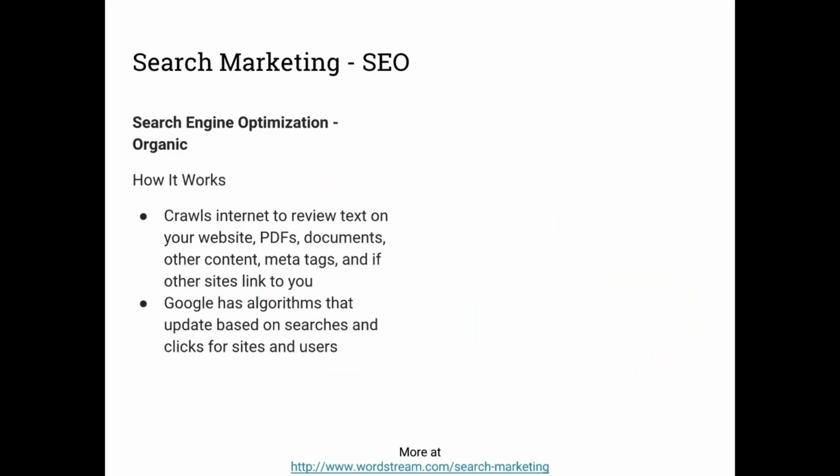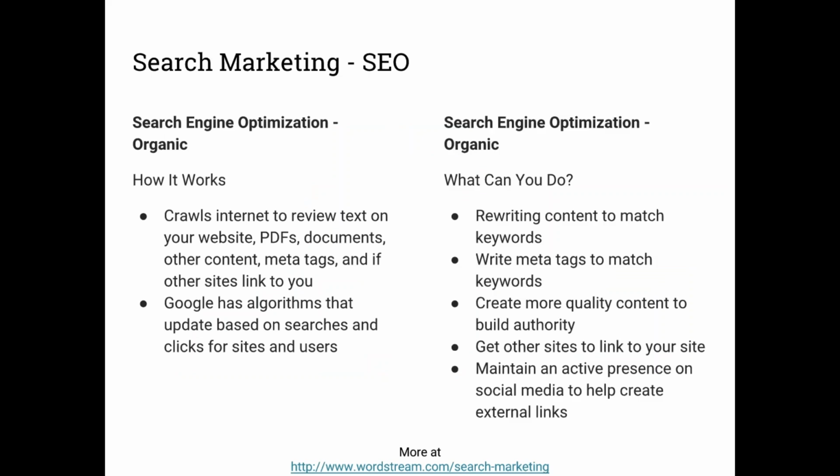Search marketing, SEO: we won't dive too much into this, but it's useful to talk about. This is where your content, your blogs, your PDFs, your website, engagement, social media, all play a factor in how Google ranks your website based on certain search terms. So what you can do is write more content, and use specific words that show up more frequently that are meaningful to you and your site.